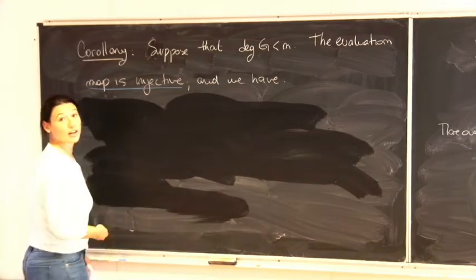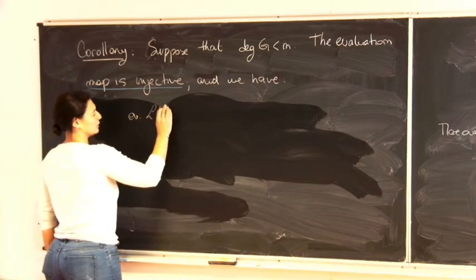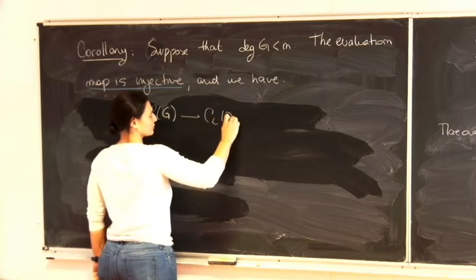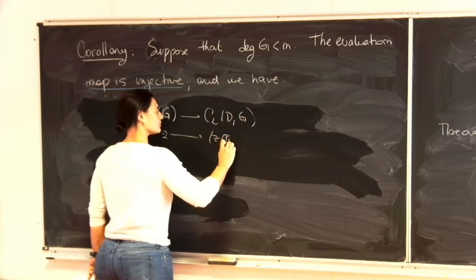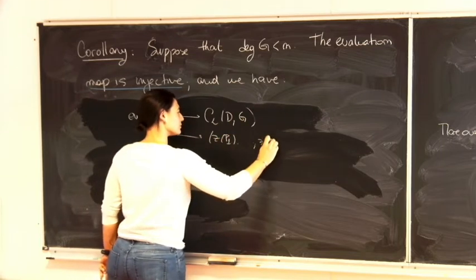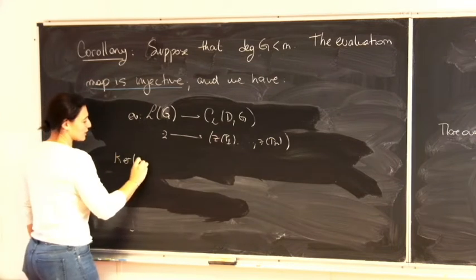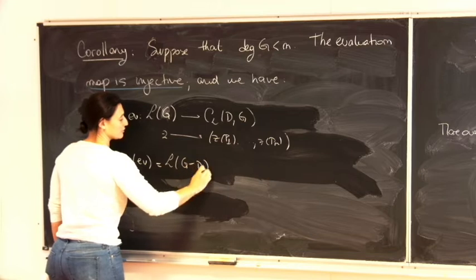We prove in the theorem that the evaluation map, we prove that the kernel of this evaluation map was actually L of G minus D.